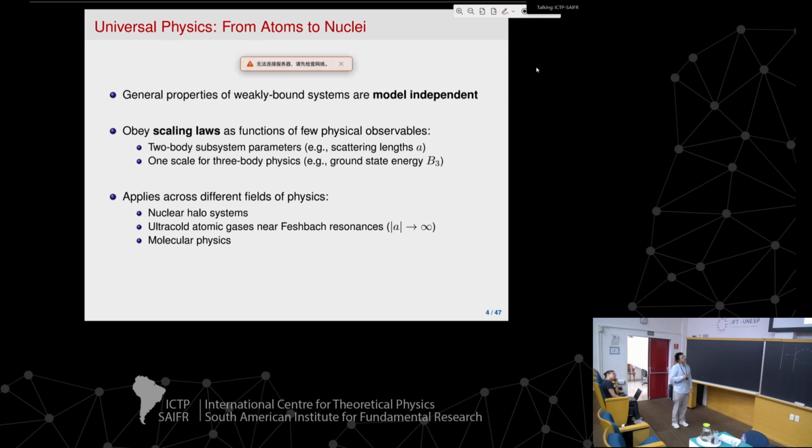Because it's insensitive to the details of your interactions, this will have universal physics showing up in different fields of physics. For example, it will show up in the nuclear halo systems we're describing in this school, and also it can be related to ultra-cold atomic gases near Feshbach resonances, because under this resonance you also have a really large scattering length.